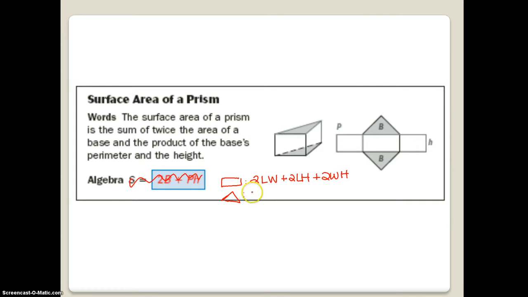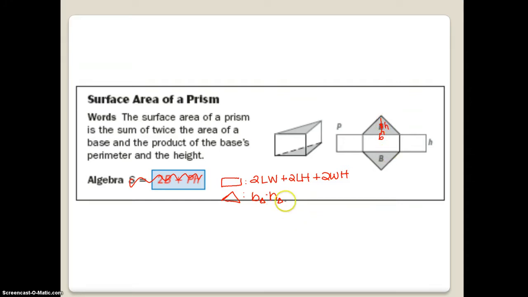For the triangular prism, start with the base of the triangle. So if this is the triangle, I'm talking about this little base. Don't use this big base. The base of the triangle times the height of the triangle. So they would give you the height of the triangle.